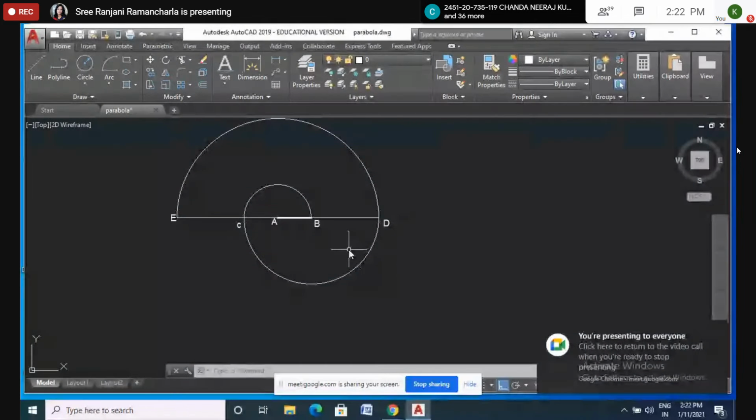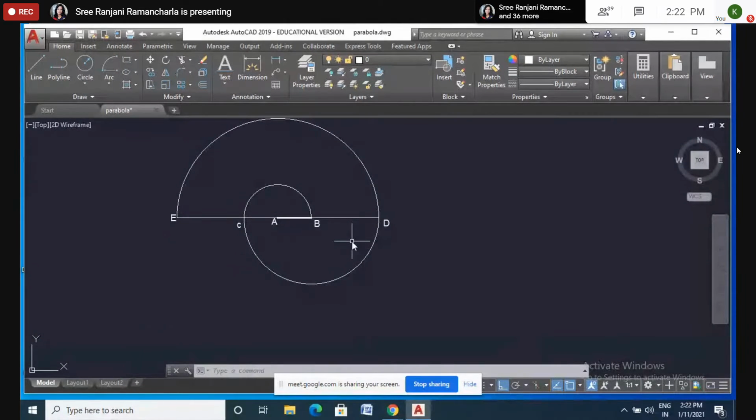Yes. Now, which one should be the center? A as center, AE as radius. Which one had we taken as the center previously, when we marked this curve? A was the center, right? Okay.